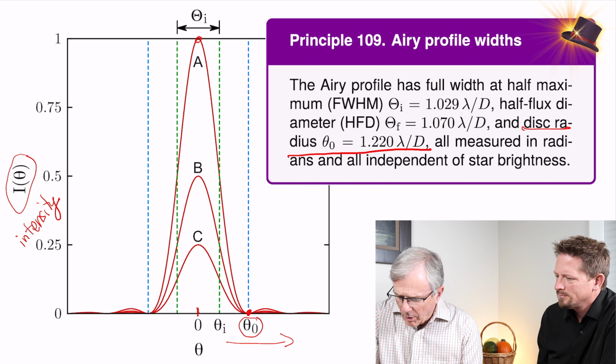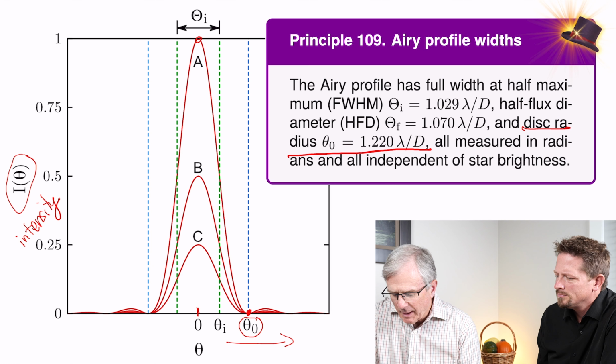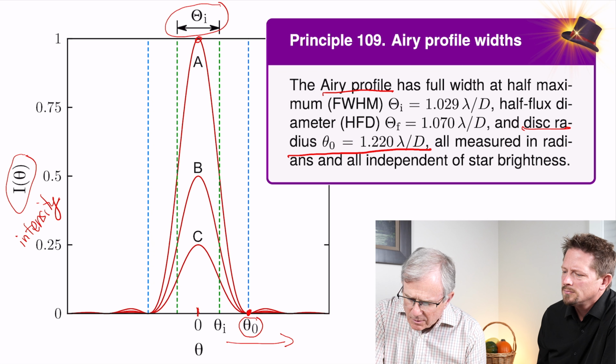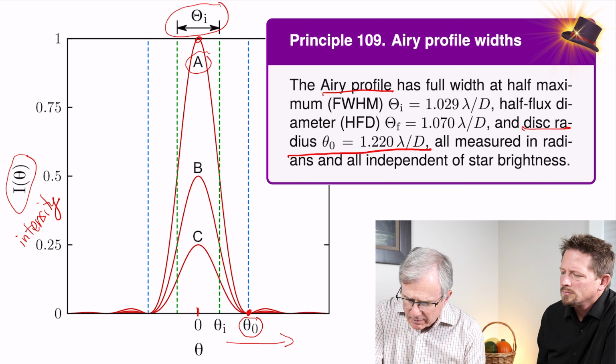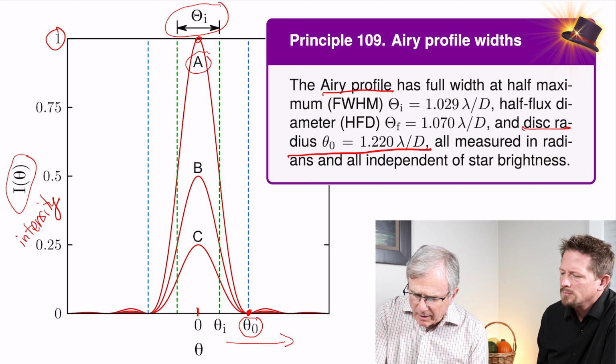So there's a couple more ways you can measure the width of the Airy profile. One is the full width at half max. That's this quantity right here. So if you look at trace A, which is for a bright star, its maximum is 1.